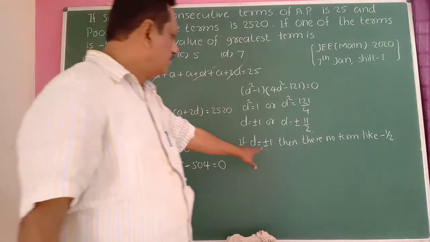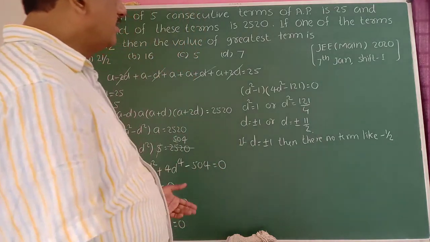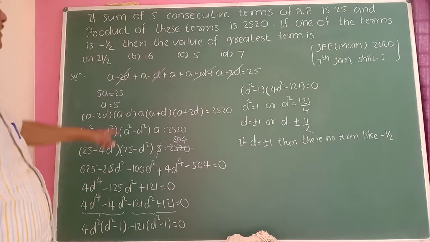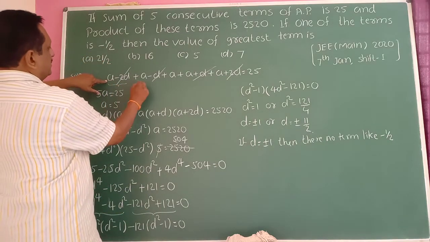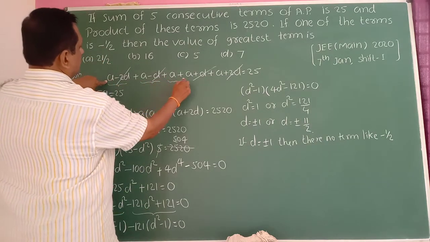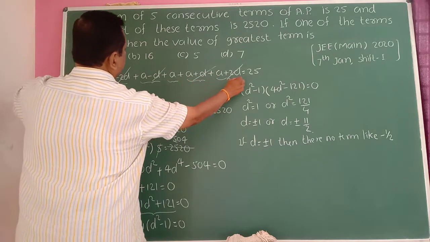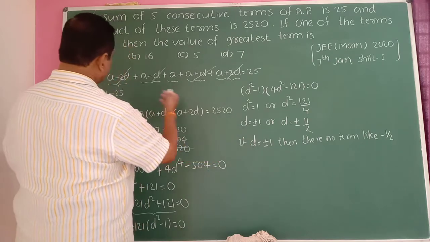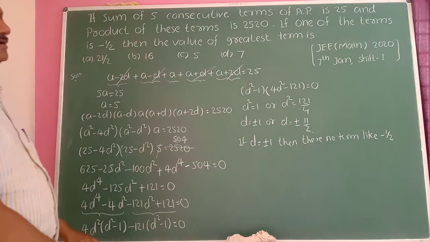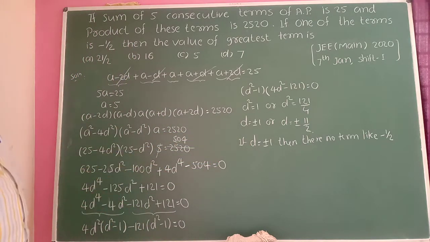These are the terms: first, second, third, fourth, and fifth. The value of a is 5, d is plus or minus 1. If you substitute here, you will not get such a term. Then there is no term like minus 1 by 2.